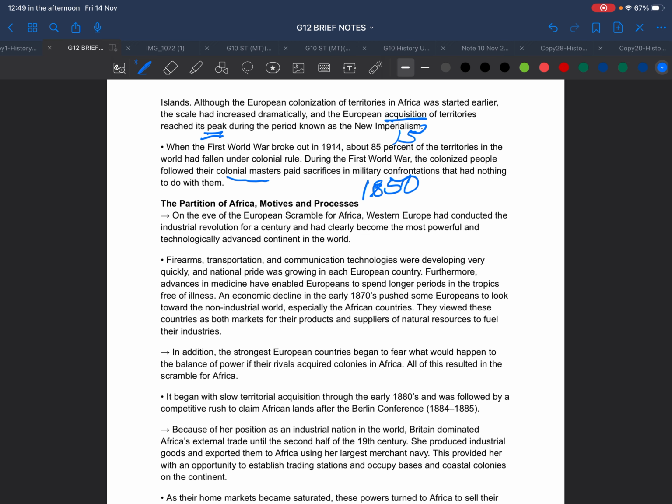So Europeans came to Africa, Asia, and the Pacific because the Industrial Revolution brought technological advancements after 1850. It took them 30, 40 years to organize themselves and start colonizing, especially the continent called Africa.